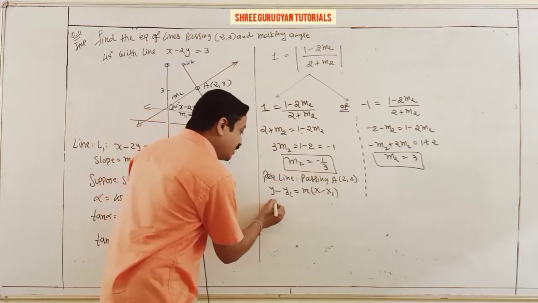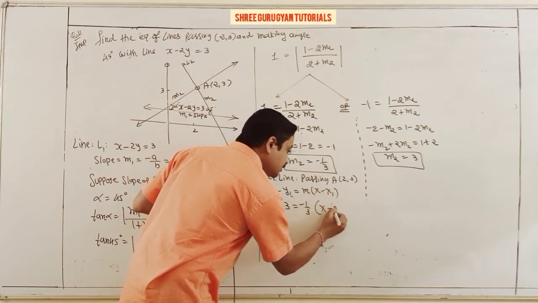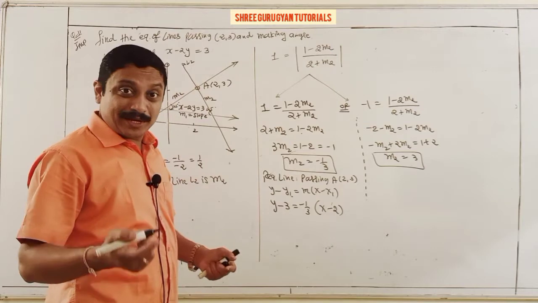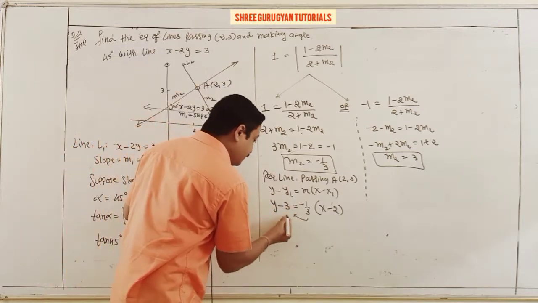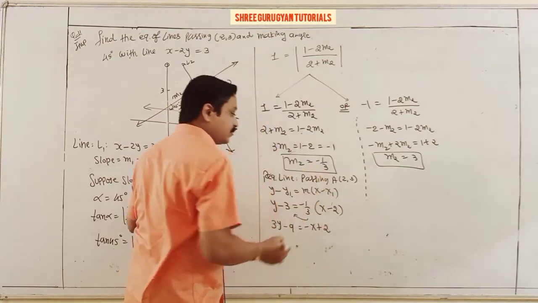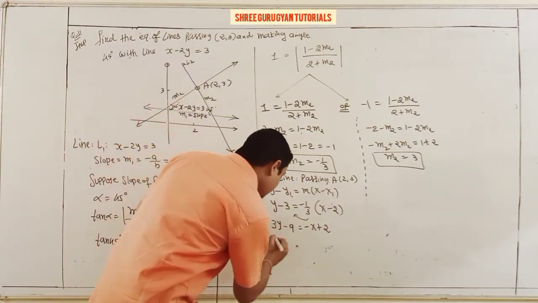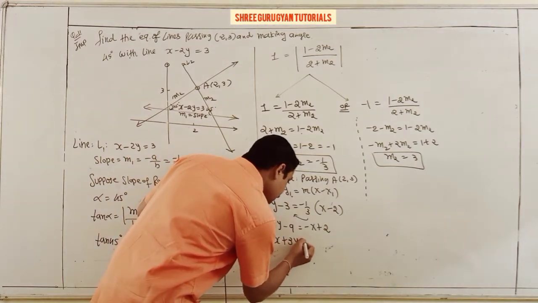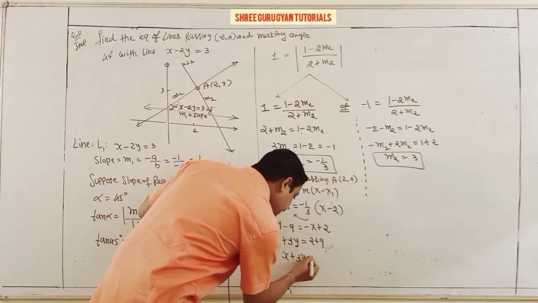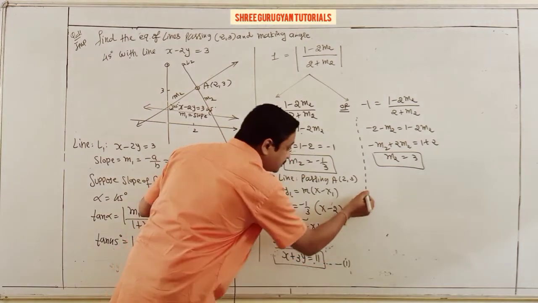So, students, y1 I have 3, slope minus 1/3, and x1 is 2. Multiplying by 3 on the other side, 3y minus 9 equals minus x plus 2. So finally done, students: x plus 3y equals 2 plus 9, so x plus 3y equals 11. That's my first answer, students.